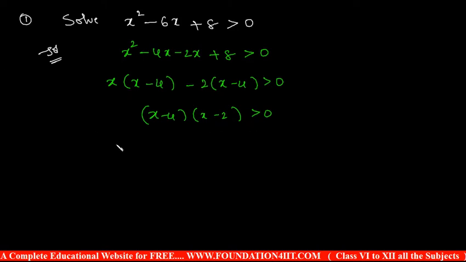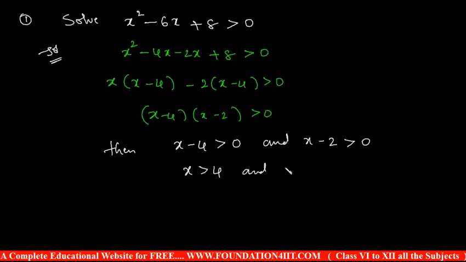Then here are the two cases. This value is greater than 0. If a into b is greater than 0, both must be more than 0 or both must be less than 0. Then x minus 4 is greater than 0 and x minus 2 is also greater than 0. This is one case. From this, x is greater than 4 and x is greater than 2.